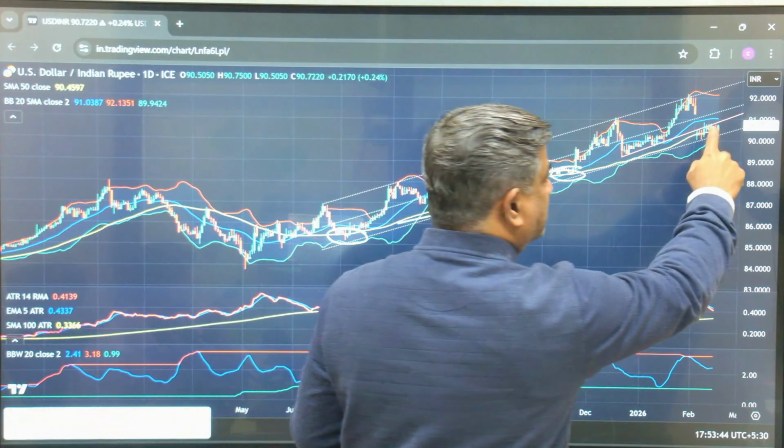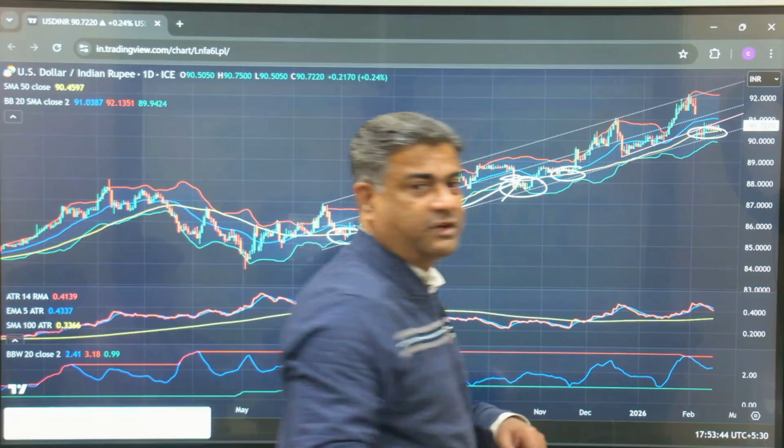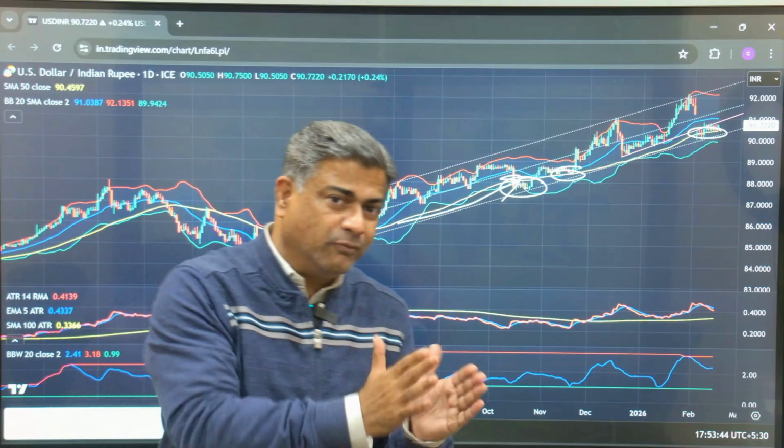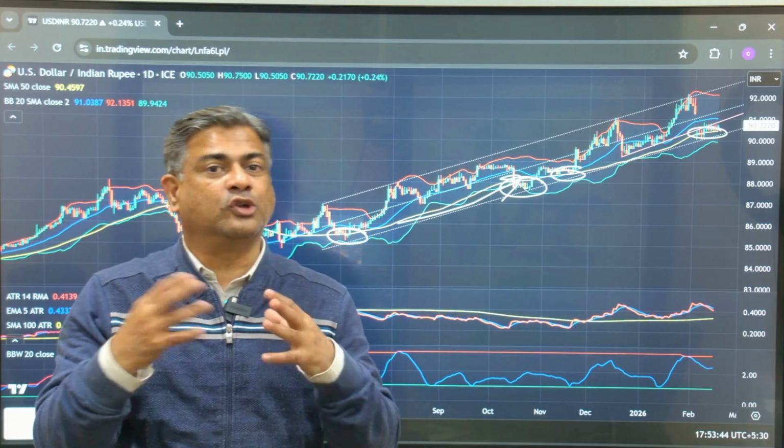It is very close to the 50-day moving average, so dollar importers can do some forwards and also some vanilla options. Why forwards? Because it is at a support level. And why options? Because volatility is lower, so option premiums will be cheaper. So you need to do a mix of forwards plus options.